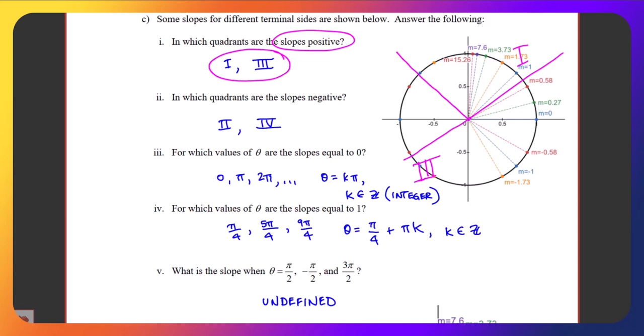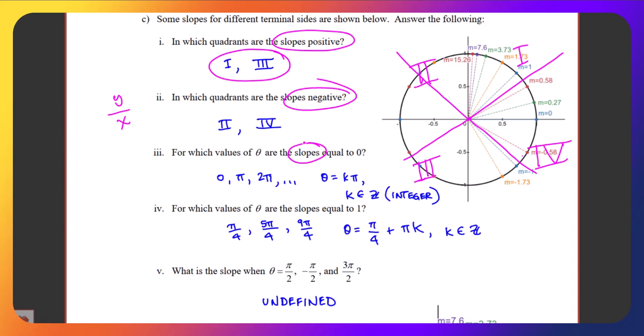In quadrant 2, x is negative, y is positive. In quadrant 4, y is negative, x is positive. When one is positive and one is negative, and it's y over x, it's a negative fraction, and so in quadrants 2 and 4, the slopes are negative.